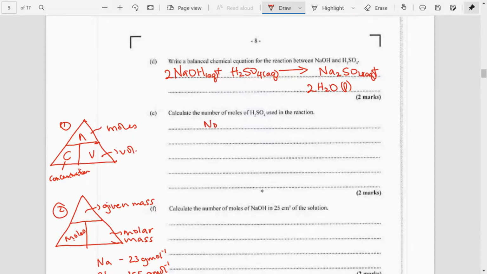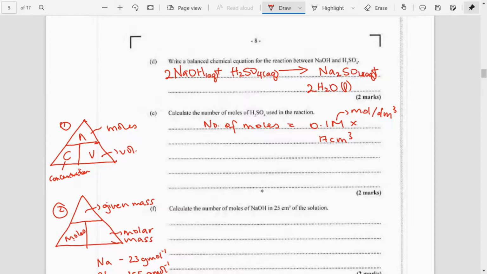Number of moles is equal to the concentration of 0.1 molar multiplied by 17 cm cubed. Now remember, this molar is moles per dm cubed, right? I have to work in the same units.